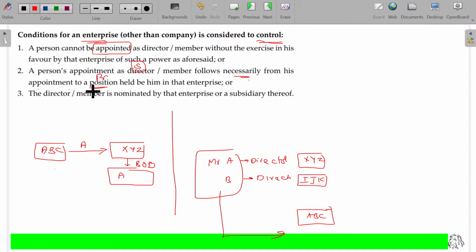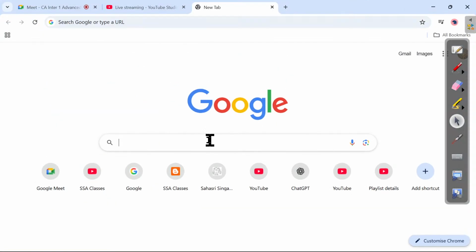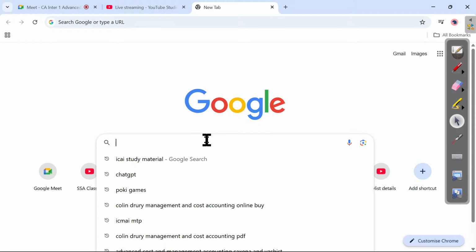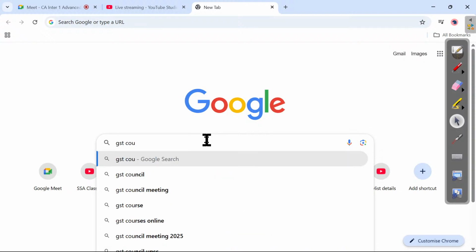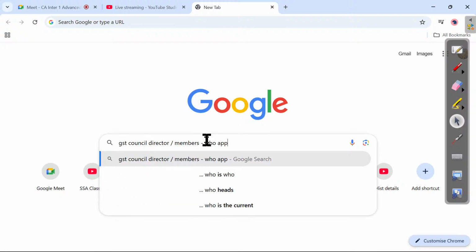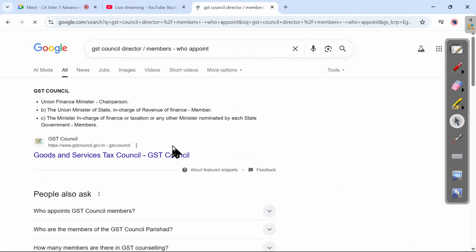Clear? Next one is nominated. So you yourself nominate, and nomination will also be considered as directors, I mean, control. So GST Council: directors and members. And who appoints? We'll just check.